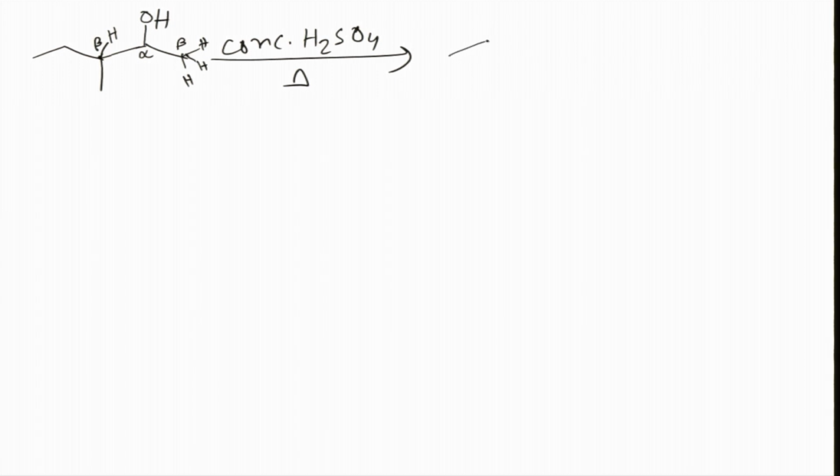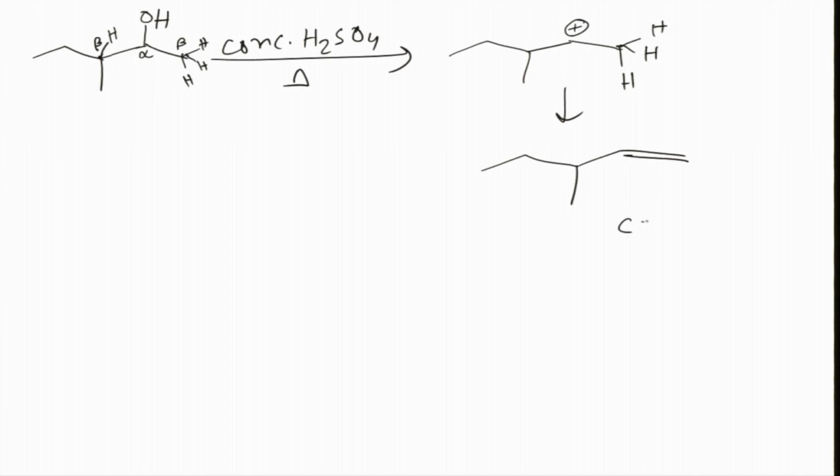So, now if in the first step this is the carbocation. Now, if some of these hydrogens are taken up by HSO4 minus, then this alkene will be formed, right. Now, how is this alkene? It is like this. There are 2 hydrogen and one is this alkyl group, let us say R, and one is this hydrogen. Okay.